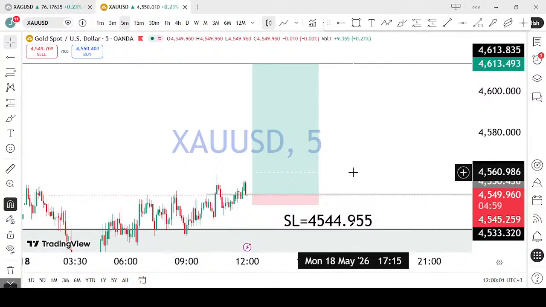We have to wait for the bullish candle to print above. That will be our confirmation for such an entry.